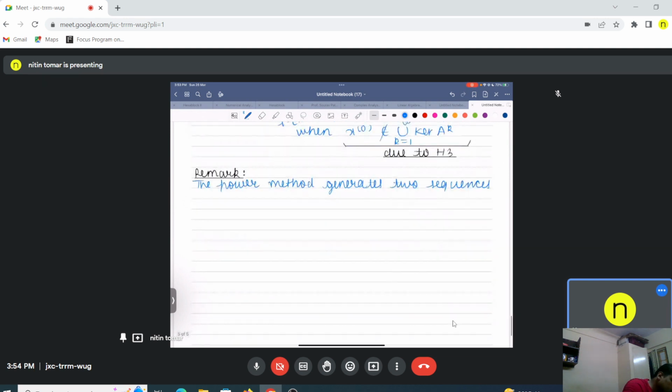Number one is this sequence, the ith entry of A^(k+1) x naught by the ith entry of A^k x naught, with some index i.